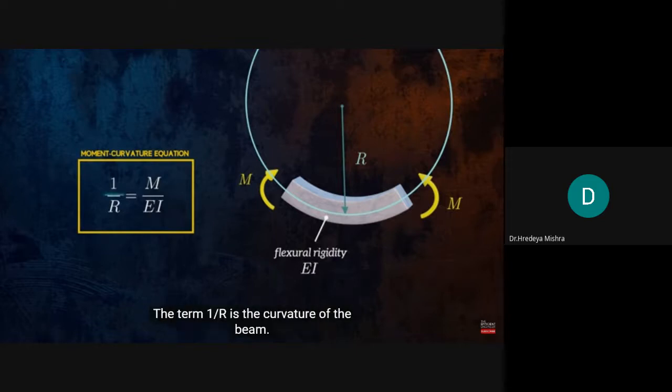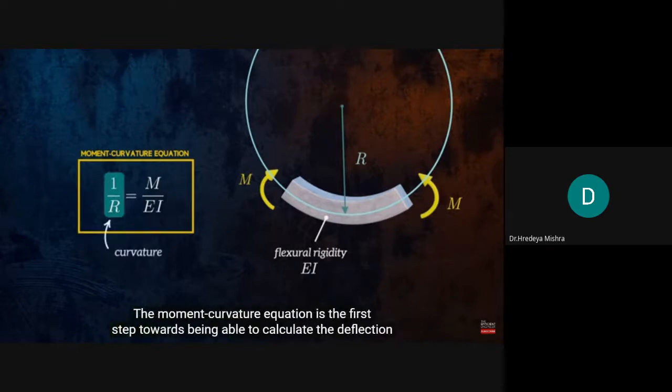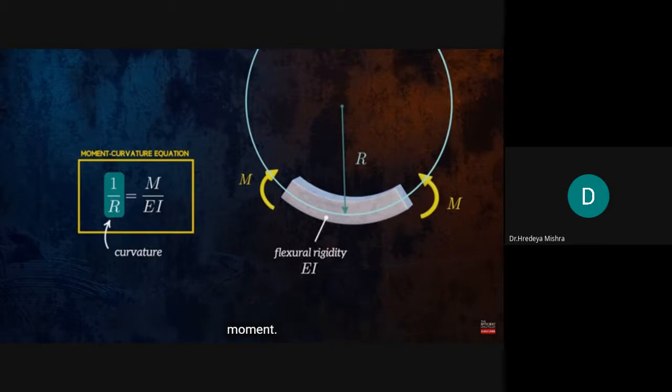The term 1 over R is the curvature of the beam. The moment curvature equation is the first step towards being able to calculate the deflection of a beam, since it gives us information about how the beam will deform for an applied bending moment.